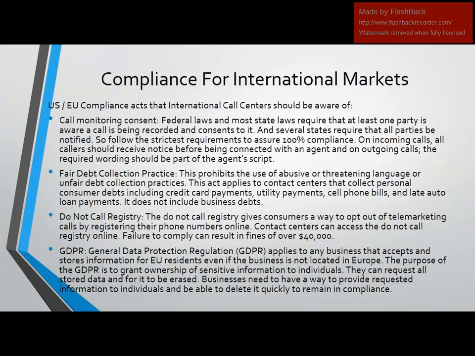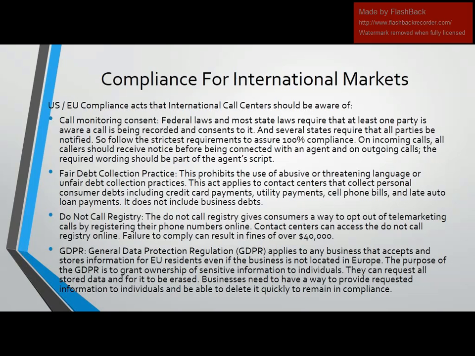Now, let us discuss the GDPR, General Data Protection Regulation. It applies to any business that accepts and stores information for EU residents, even if the business is not located in Europe.